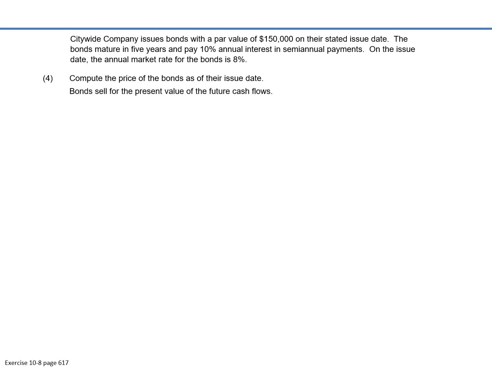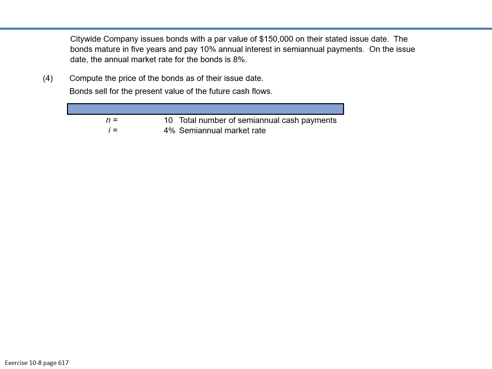So this is the same thing with the tables here. Bonds sell for the present value of their future cash flows. So we have a 5-year bond with semi-annual payments, so N is equal to 10. Our market rate is 8%, so we're going to use 4% at the intersection of N equal to 10 and I equal to 4%.